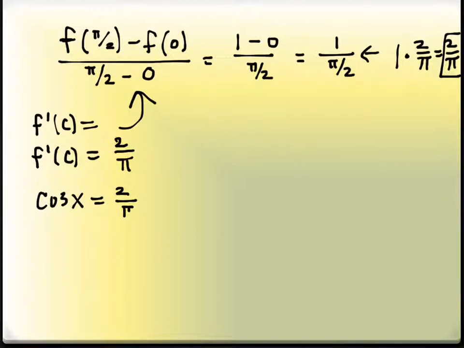Okay, this is the most in-depth trig that we've done in class right now. I need to solve an equation where it says cosine of x equals 2 over pi, and 2 over pi is not a unit circle value, so I can't use unit circle kinds of thoughts to find the x value. Does anybody remember what you do with trig to find this particular x value? And it should say c, not x, sorry. I'm looking for c.